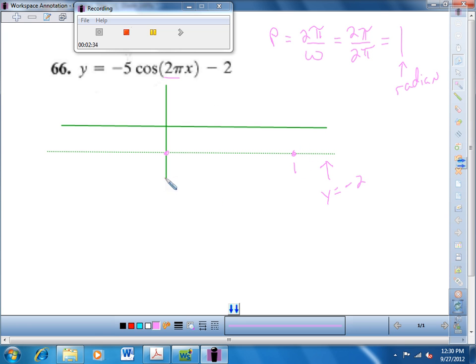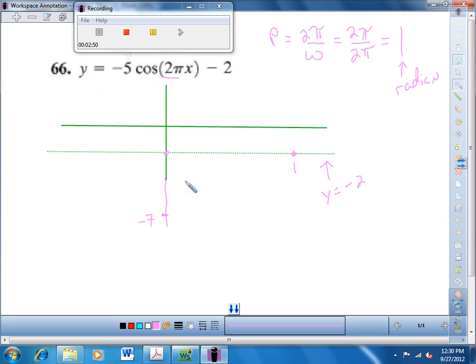And then it's going to start down. So where is this thing going to start? It shifted down 2, and this is an amplitude of -5, so -7. Do you guys understand why that start point is -7?